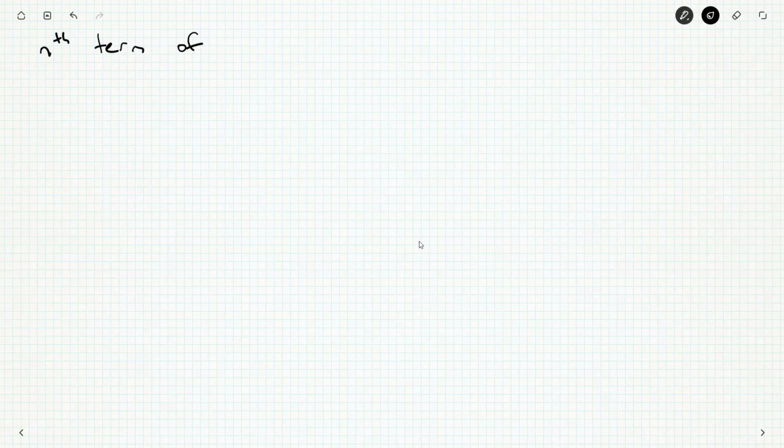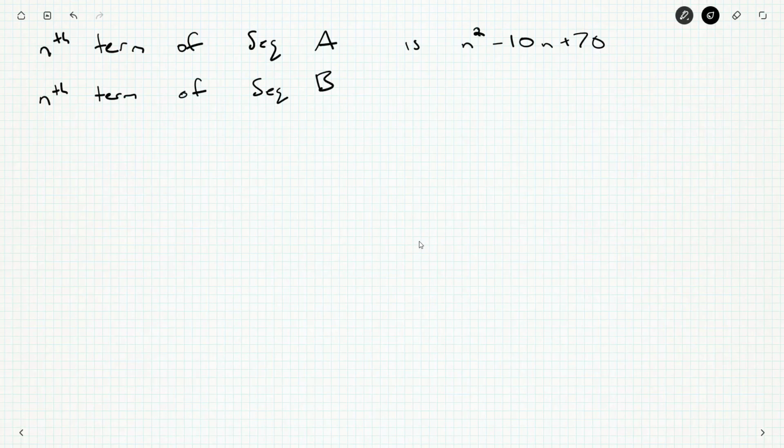So the nth term of sequence A is n squared minus 10n plus 70. Alright, the nth term of sequence B. Now, sequence B is an arithmetic sequence. It starts with 5 and has a common difference of 10.